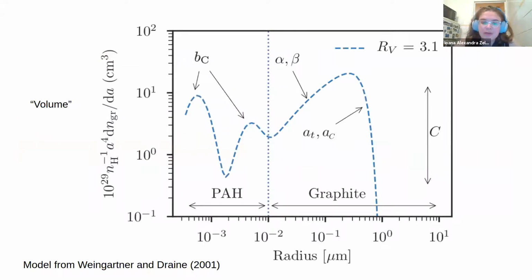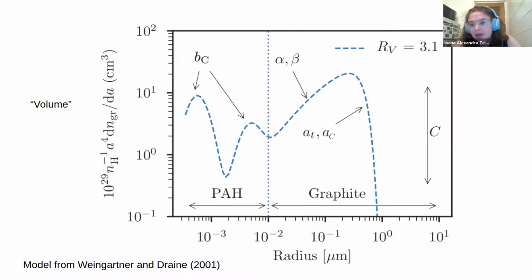So in my research, I started from a size distribution model from Weingartner and Draine. This size distribution model allows us to tune how many particles of a certain size we include in the model, and what kind of dust I use, mostly silicates or carbonaceous grains or polycyclic aromatic hydrocarbons.